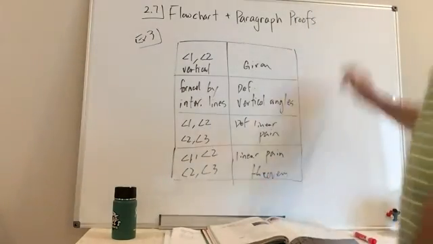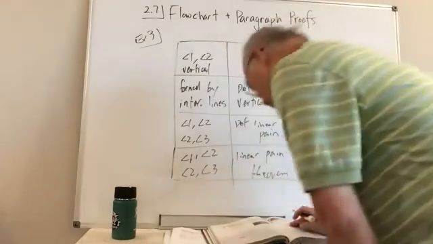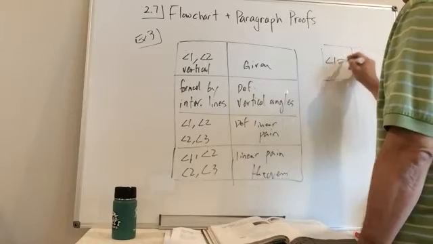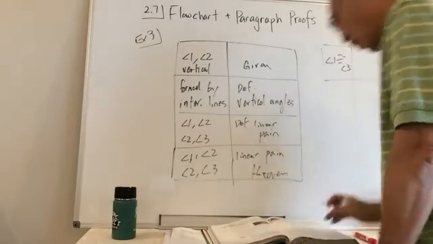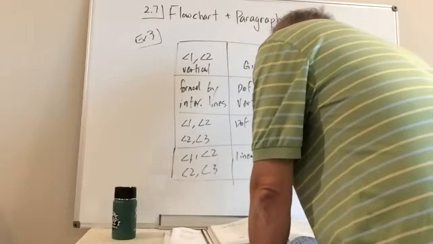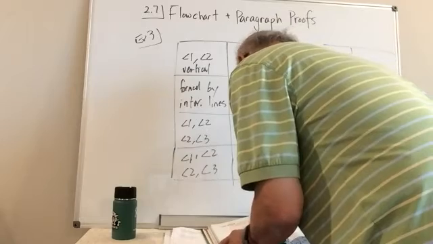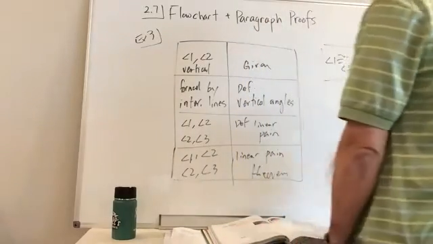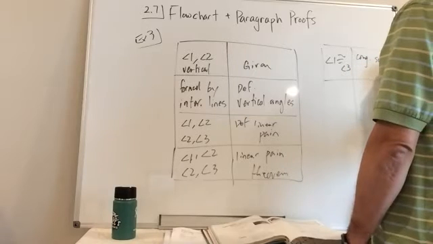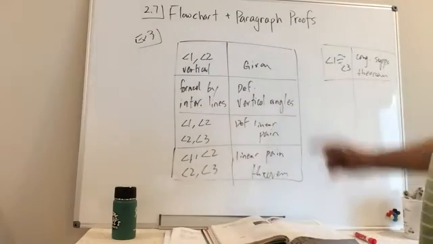Since we run out of room, then we say that, therefore, angle 1 and angle 3 are congruent, and that is by the congruent supplements theorem.